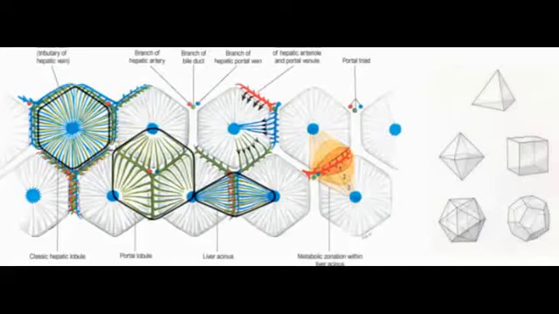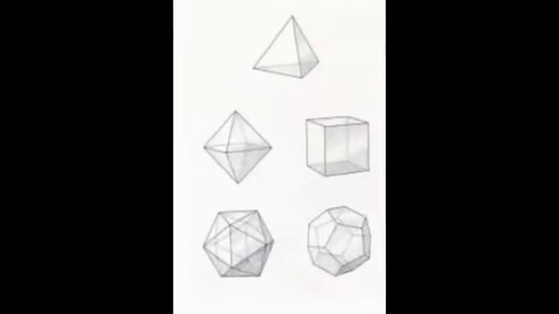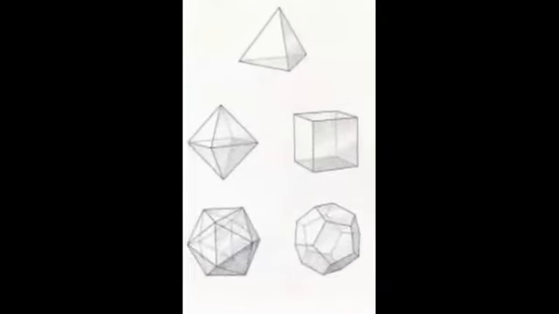I will not keep you busy with all the names, but from a geometrical point of view, just see how it structures itself, the material level of organization of matter, to make cells.